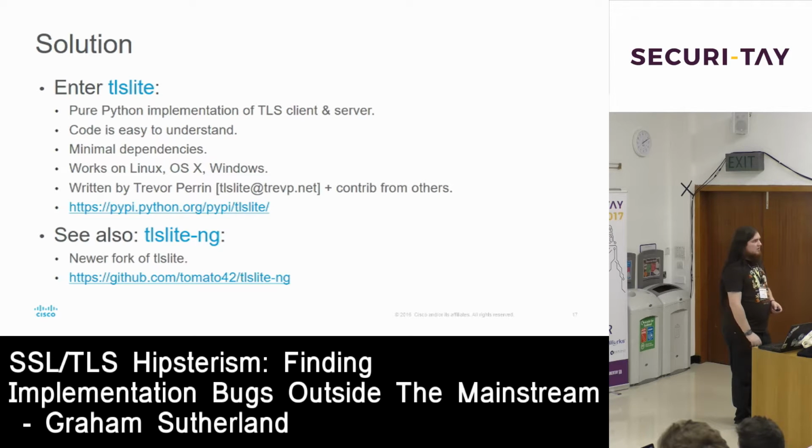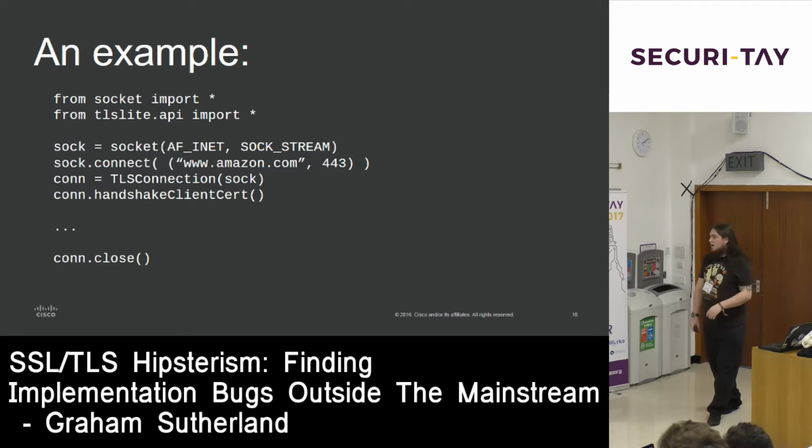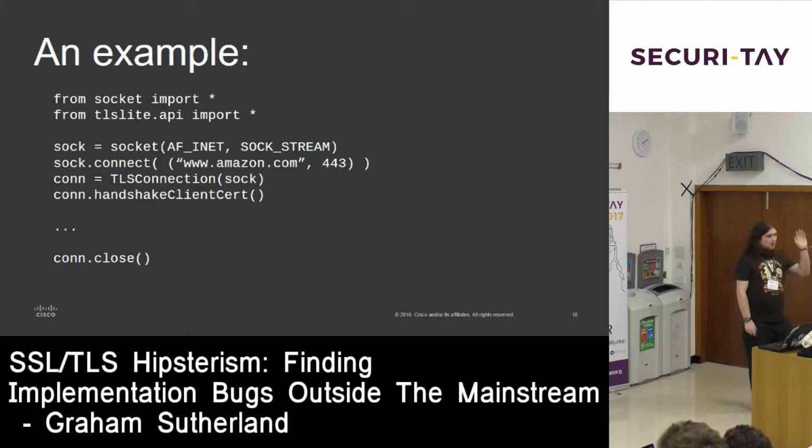And just an example of how easy it is to create a TLS connection with this. There you go. You import socket and TLS Lite, because of course TLS sits on top of any TCP or even UDP socket, but let's say TCP. You connect to Amazon on 443 and then just literally wrap a TLS connection on that socket, and it just works.